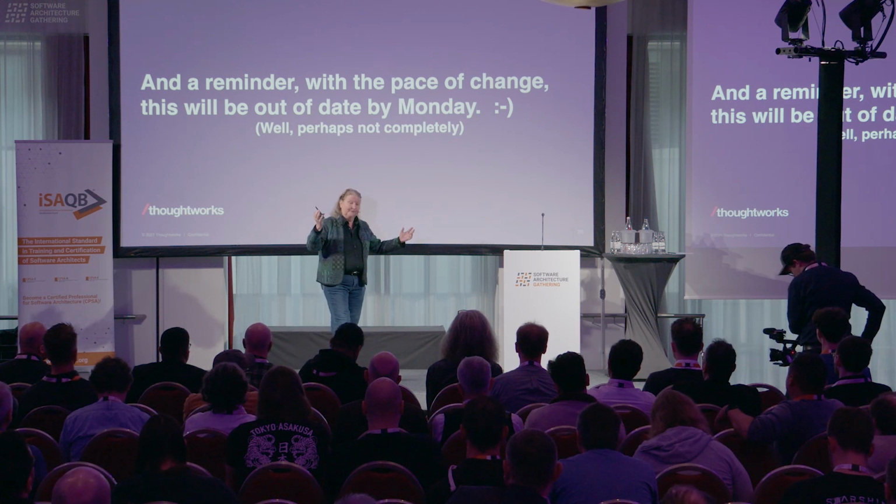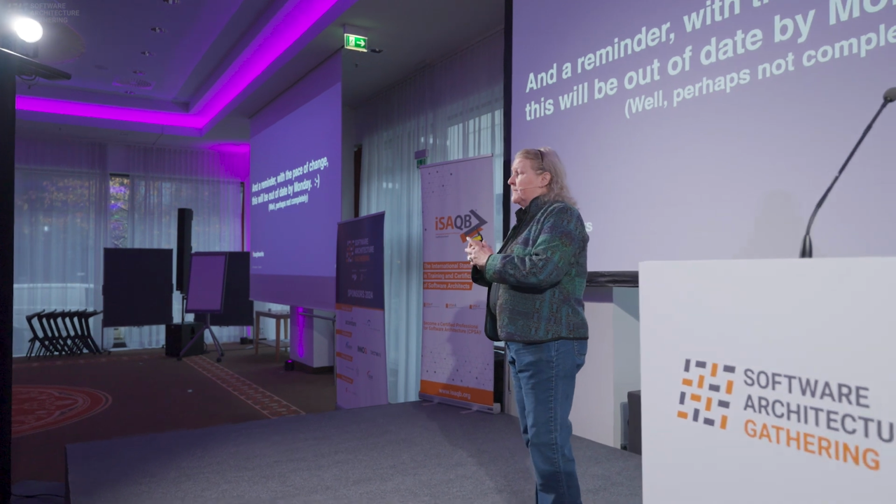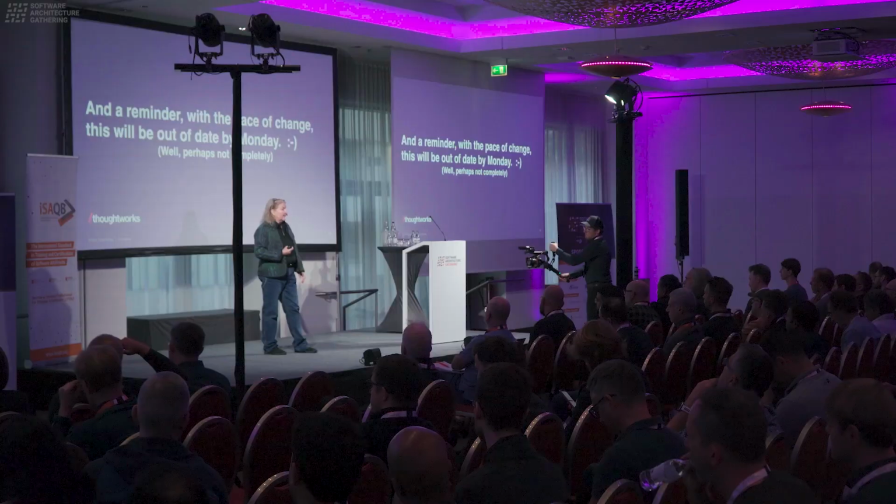And as a reminder, given the pace of change, this will all be out of date by Monday. Now, I want to caveat this time, because there is a lot of evolution going on. There is something of an arms race going on between the models. Although they're trained on fundamentally the same data, they kind of do things a little bit differently.